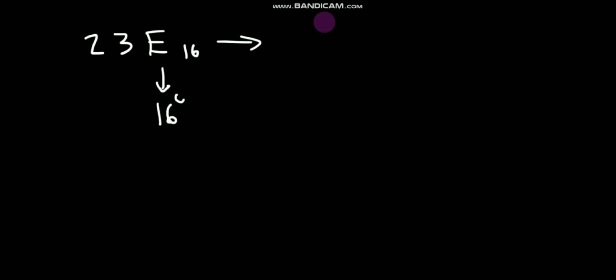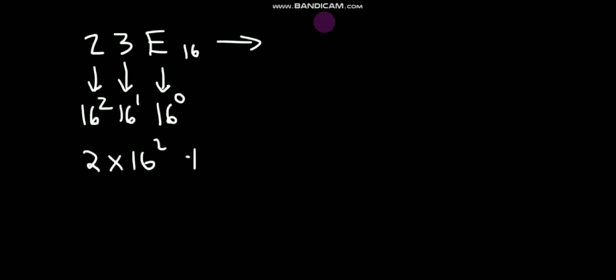So first we will use the power 16 to the power 0, then 16 to the power 1, and then 16 to the power 2. Then we will evaluate this number as 2 into 16 to the power 2, 3 into 16 to the power 1, and E into 16 to the power 0.